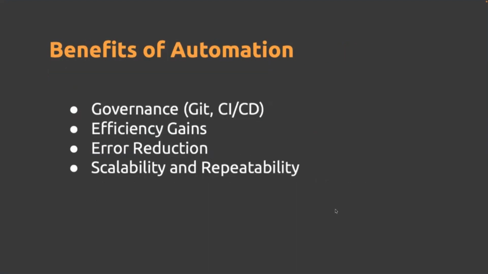So moving forward, some of the benefits that actually come as a result of all this automation of these platforms. First, we have governance. Since all this solution sits on top of Git, with the help of Git we have those version control capabilities, as well as the CI/CD capabilities.